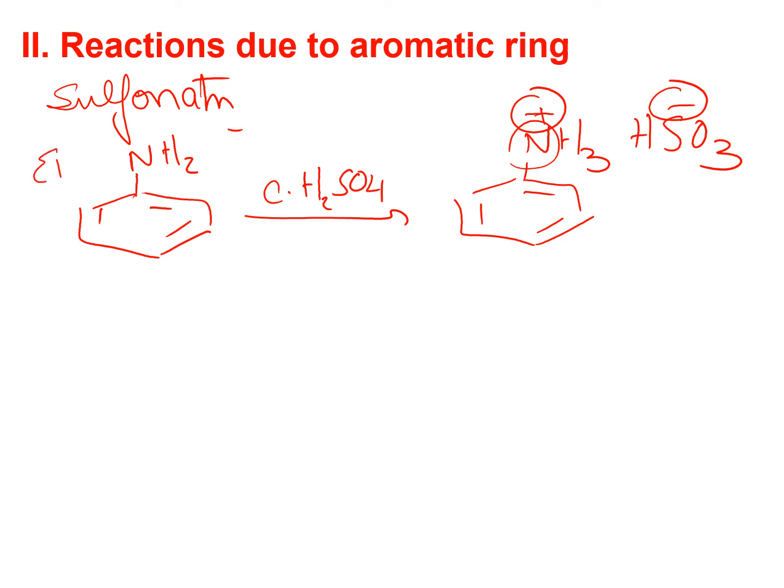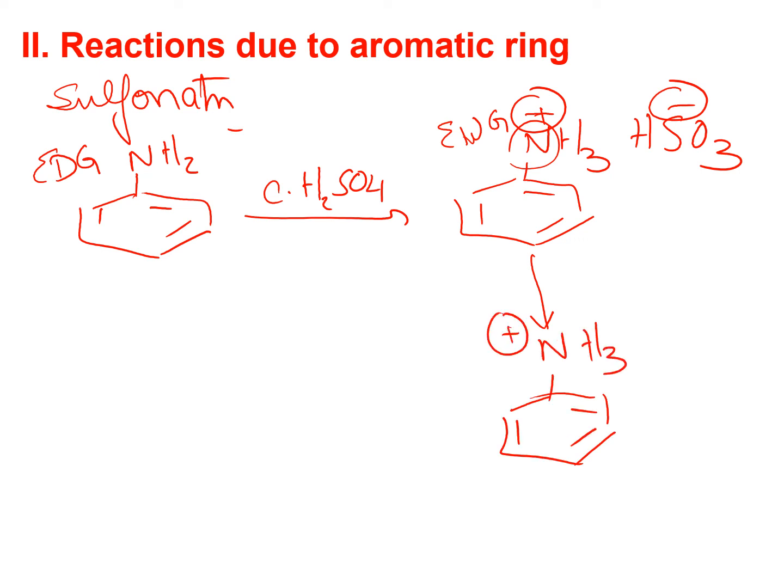Here, the nitrogen is an electron donating group. However, when it carries a positive charge, it's an electron withdrawing group. So if you allow the reaction to proceed, your end product will be the meta sulfonic acid of the amine. So this is not what you actually need.